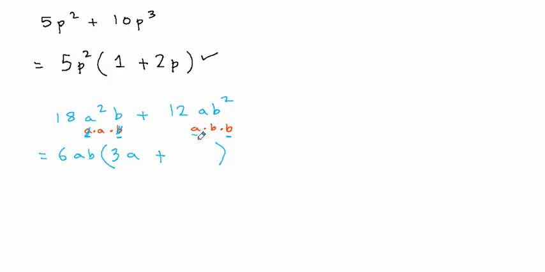And then similarly, if you take a 6 out of 12, you have a 2. 6 times 2 is 12. And then if you take a out and a b out, you're left with a b. And therefore the factored form of 18a squared b plus 12ab squared is going to be equal to 6ab times 3a plus 2b. Hope that helps.